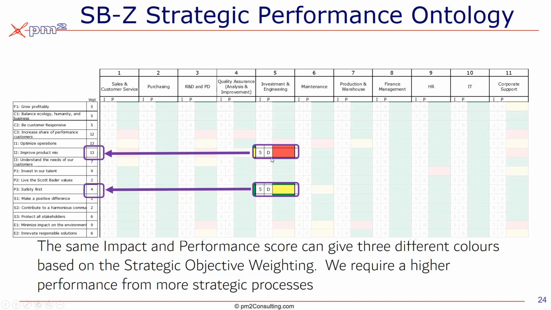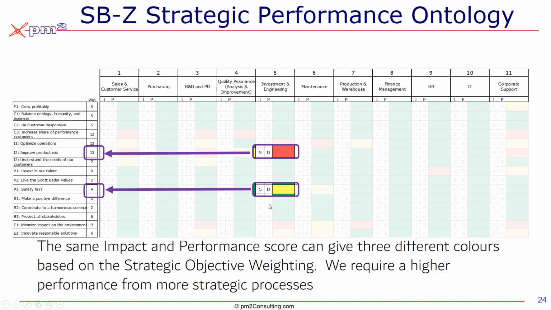So what happens is the more important a strategic objective is, the higher quality we need from the underlying processes to achieve success. And therefore, this D is unacceptable, whereas this D is, again, unacceptable, but we can probably fix that within the budgets we have.